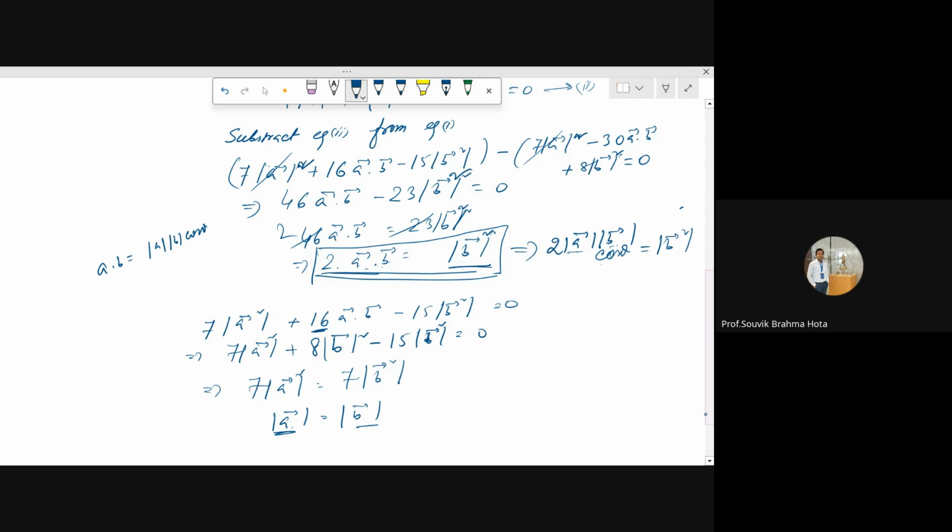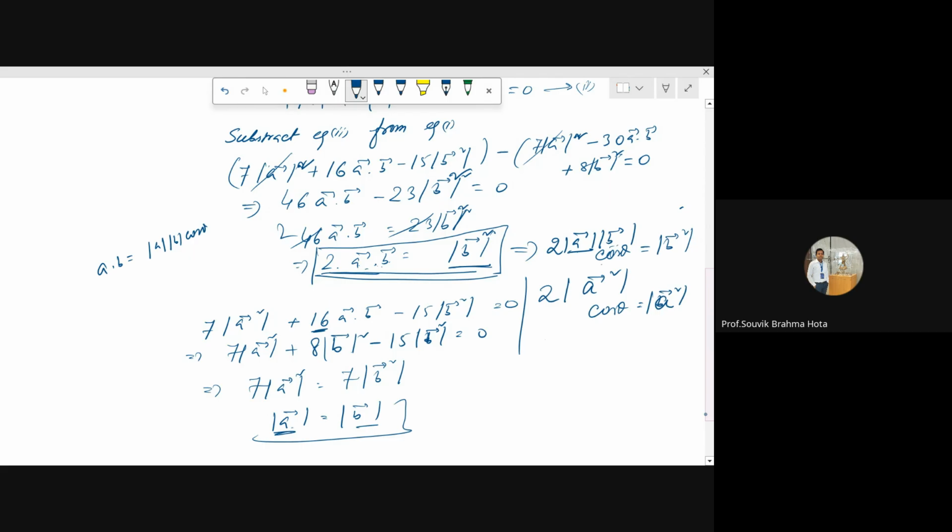Now because a mod and b mod are equal, I can write square, because both of them are equal. So I have 2 cos theta times a square is equal to b square, and b square is also a square, because both of them are equal, we know.